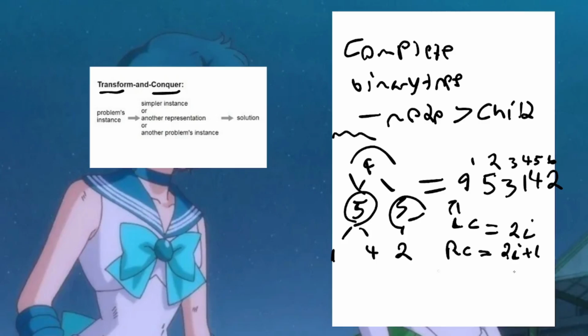And there's some other cool properties, like the parent of any node i is going to be equal to i divided by 2, and the floor of that. So let's see, the parent of, let's say 4, 1, is going to be 2, 5.